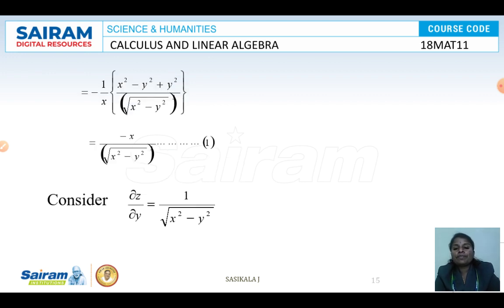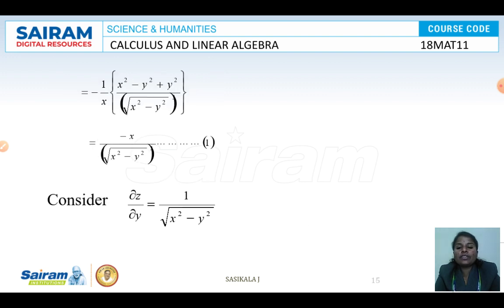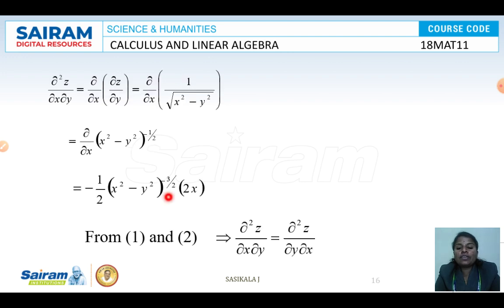So now you will have the answer, minus x by root of x squared minus y squared. When you do the simplification, the same way you can do for dou z by dou y. You will get the same equations, in which the 2 will get cancelled, x by root of x squared minus y squared the whole power of 3, right? Because it is minus 3 by 2, it is nothing but 1 by the power 3 by 2. It's a whole cube, and it will be the same.